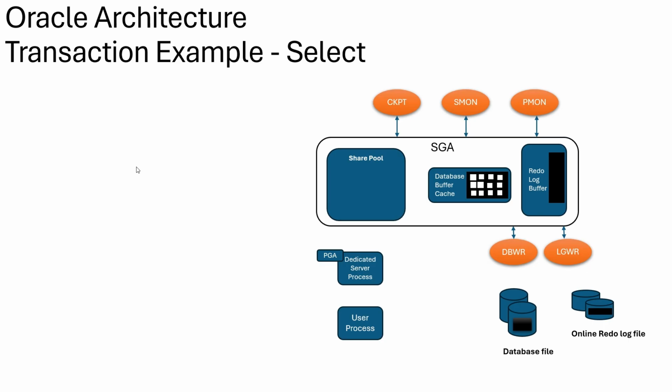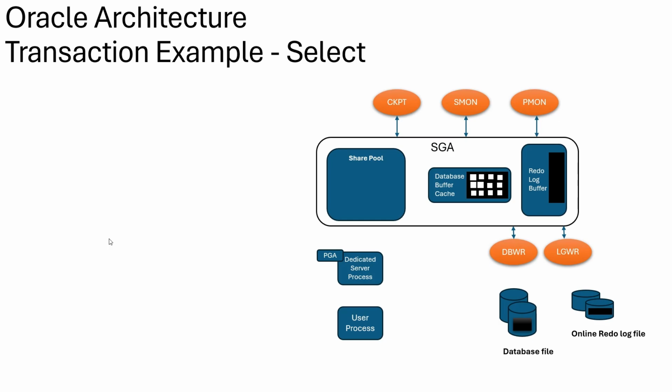So today we'll talk about the Oracle architecture example, a transaction example, select. So what will happen when a select query is triggered by the client?